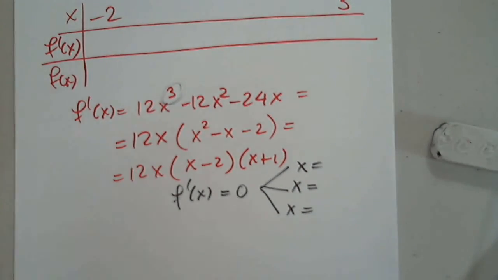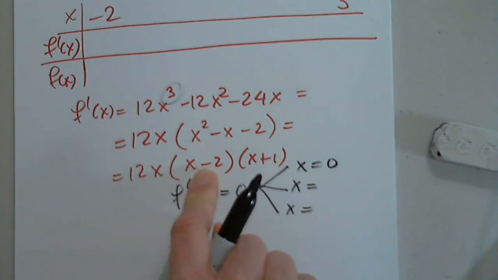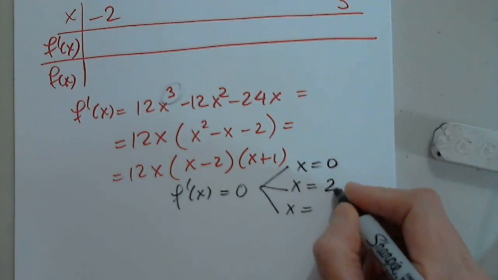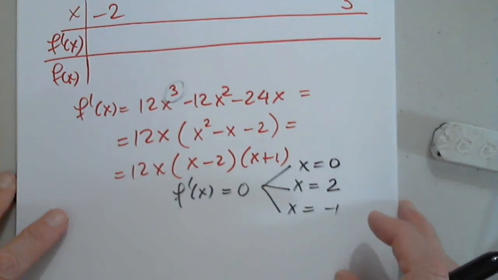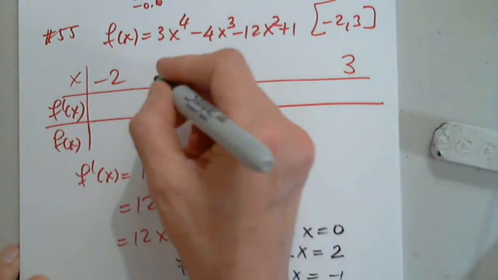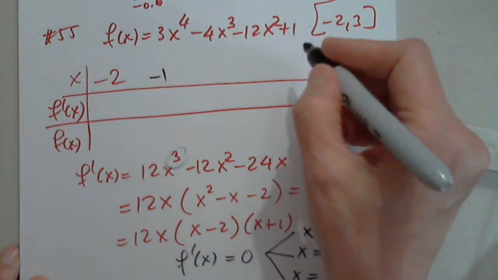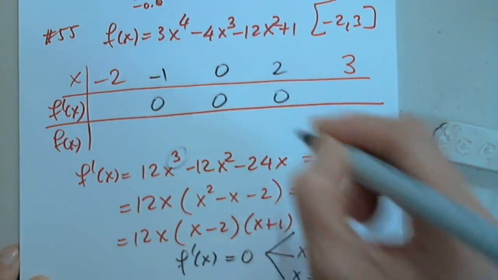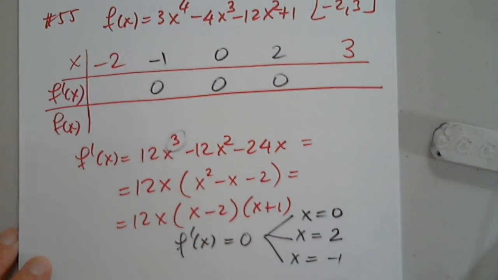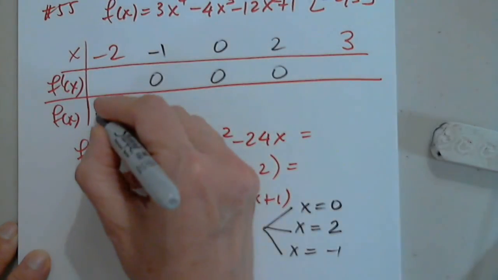X equals 0. Yes? X equals 2 and -1. Excellent. And now I'm going to see if they fit in there. -1, yes. 2, yes. 0, yes. Good.